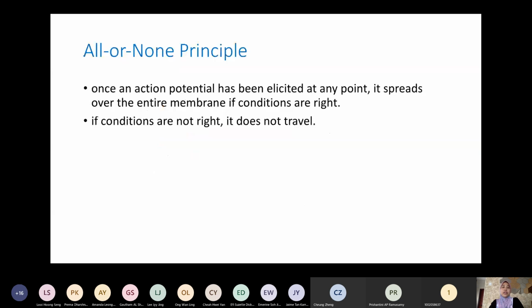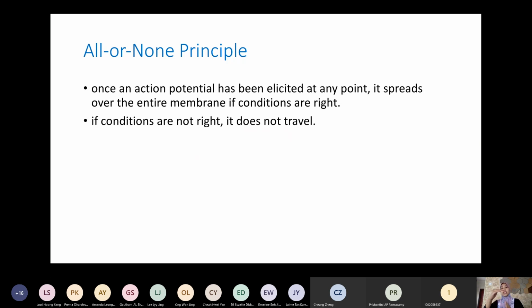Now let's take a look at the all or none principle. Sometimes they might write it as the all or none law. It means that an action potential either occurs or does not occur at all. So there is a threshold or a limit by which the action potential can occur.